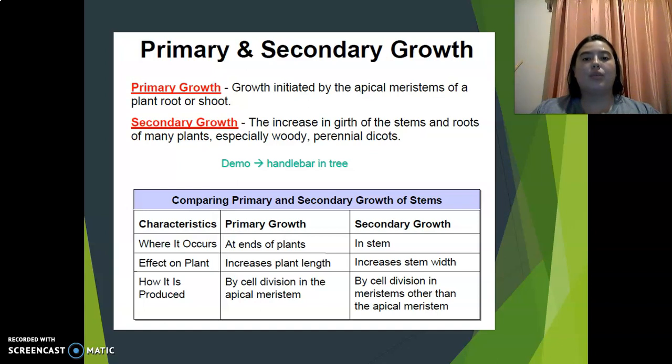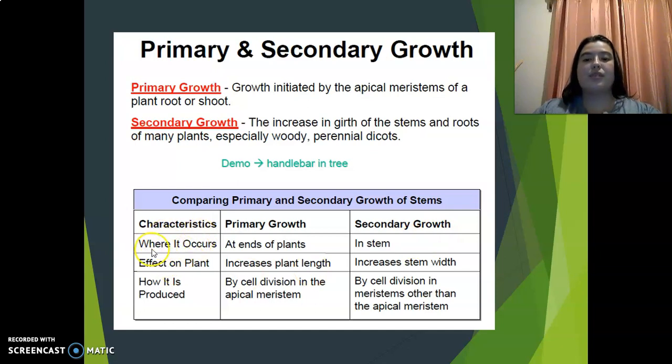So primary growth is initiated by the apical meristems of a plant root or shoot, and secondary growth is the increase in girth of the stem and roots of many plants, especially woody, perennial dicots. Okay, we have here a chart comparing primary and secondary growth of stem.